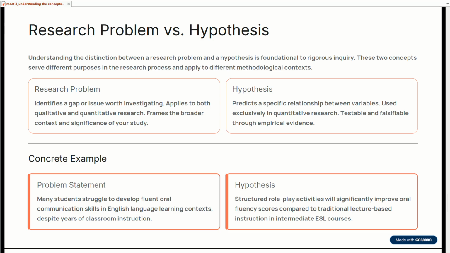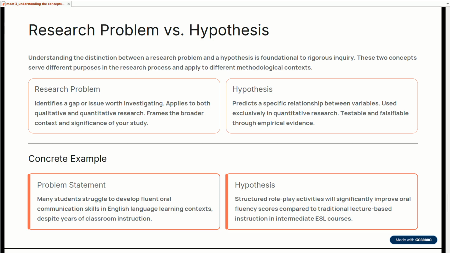Or in other words, structured role-play activities have no difference with not structured role-play activities applied in the classroom, lecture-based instruction or something.